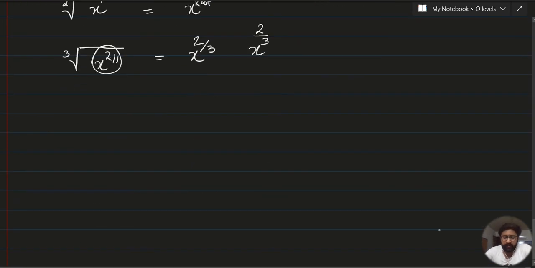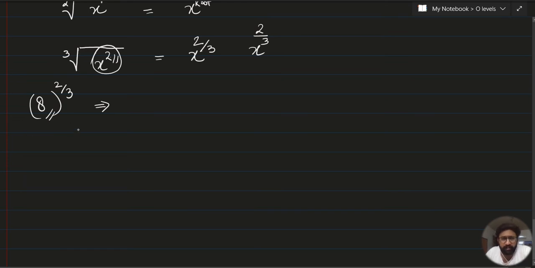Now there are a few questions that usually come in the paper, और हम उसको देखेंगे कि हम उसको किस तरह we are going to solve them. For example, if it's written over here 8 power 2 by 3, so how are you going to simplify it? अच्छा, सबसे पहले देखना है कि this number should be there in a very simple form.